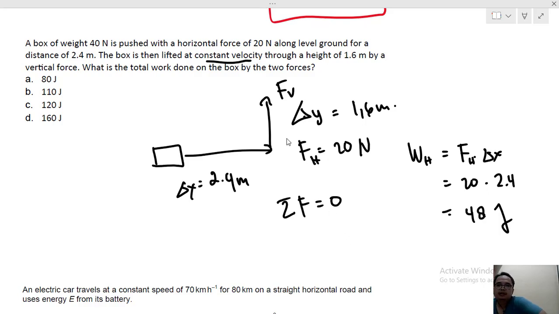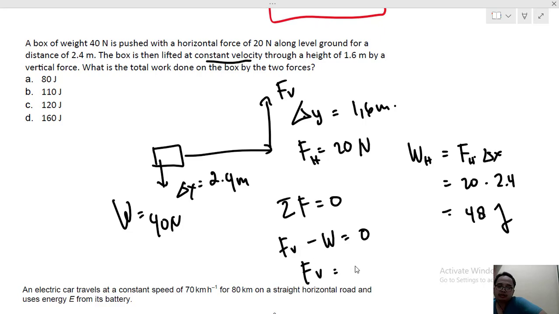Besides Fv, the object also has weight, which is 40 Newton. Fv minus weight, because they are in opposite directions, equals 0, so Fv equals weight.